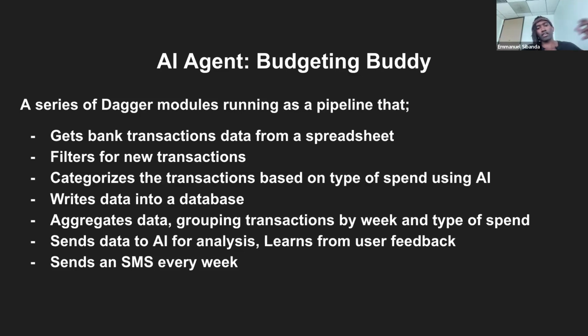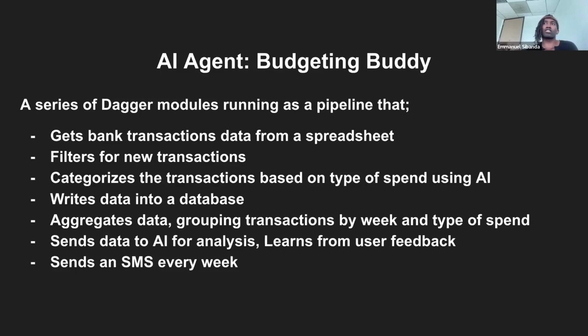I use Atlas to aggregate the data and group transactions by week and the type of spend. I send the data to AI for analysis, and it learns from user feedback, in the sense that we can respond to the AI to give it feedback regarding maybe giving us more nuanced advice. So for example, it could be a thing like I go to the gym three times a week, and I buy a protein shake.